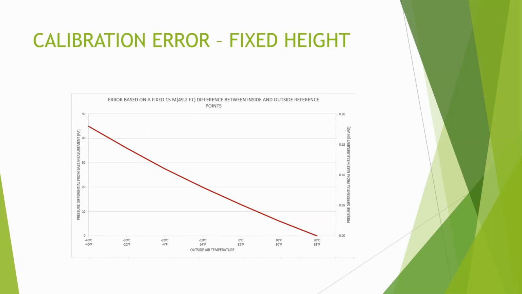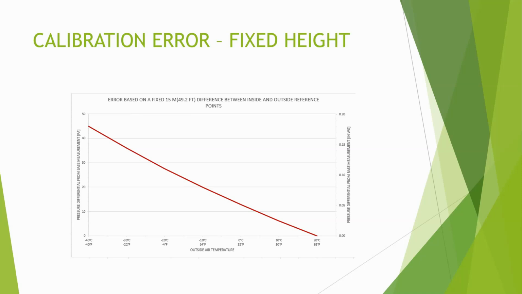But at minus 40, if you look at the right-hand side, which is the pressure differential from the base of the measurement, we have nearly 0.2 of an inch of static pressure difference between the 20-degree or 68-degree temperature and the minus 40-degree temperature.